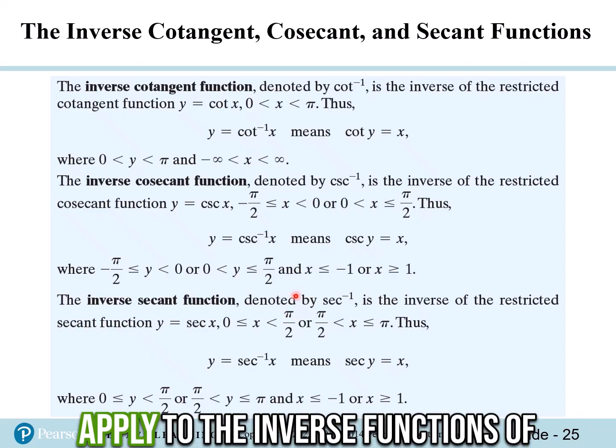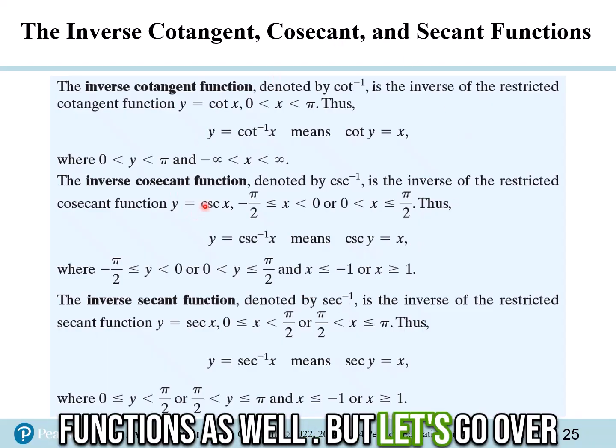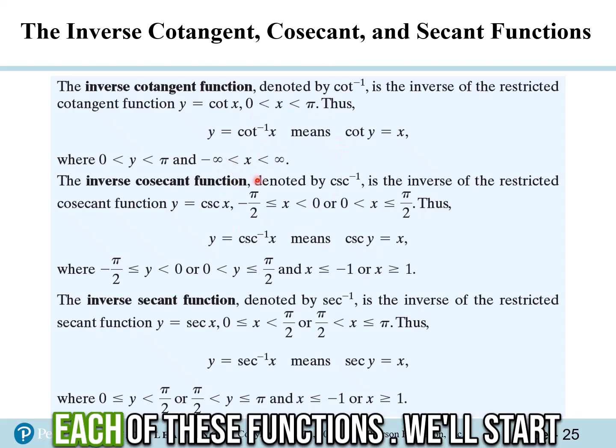The same applies to the inverse functions of the reciprocal trigonometric functions as well, but let's go over the restriction of the domain for each of these functions.